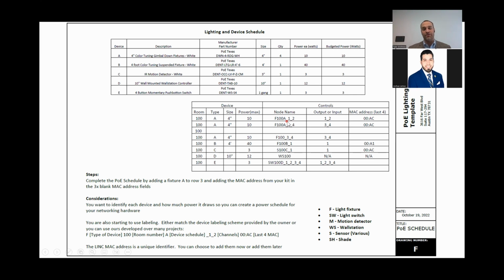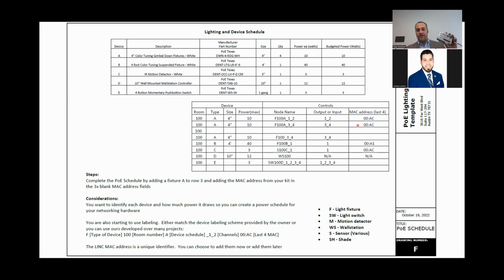Then he identifies which inputs and which outputs he's working with. So in this case, _1 and _2 means Joe is using outputs 1 and 2 of a link. And then he'll say 3 and 4 are tied to it. And then he uses the MAC address, in particular the last 4 digits of the MAC address, to identify which link he's going to go to.